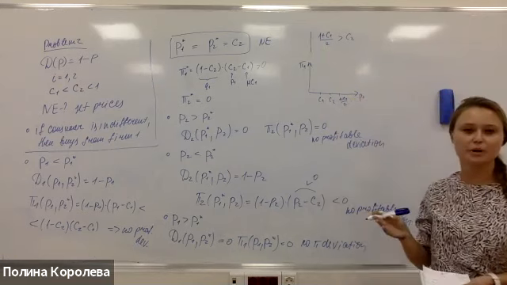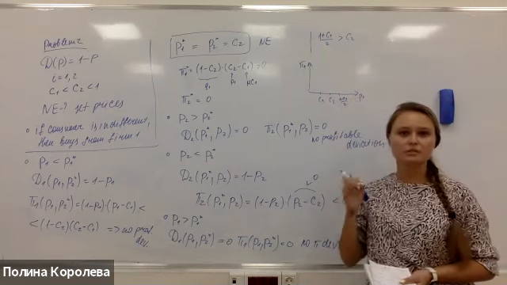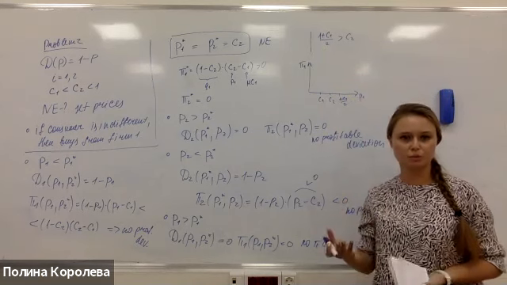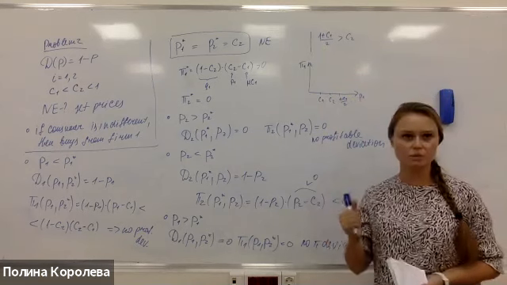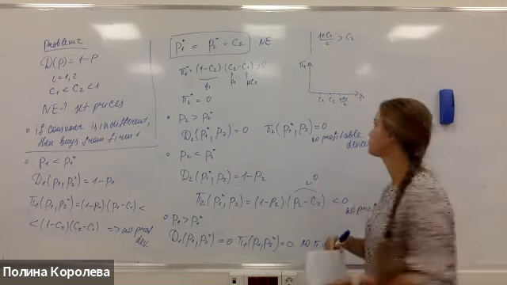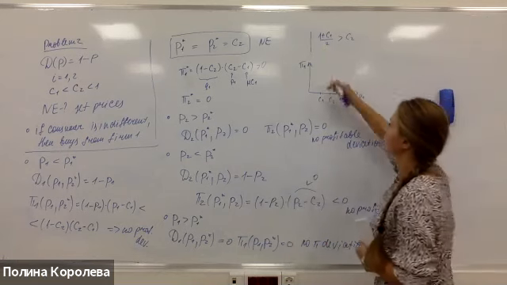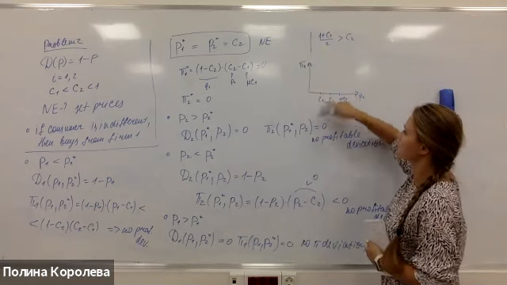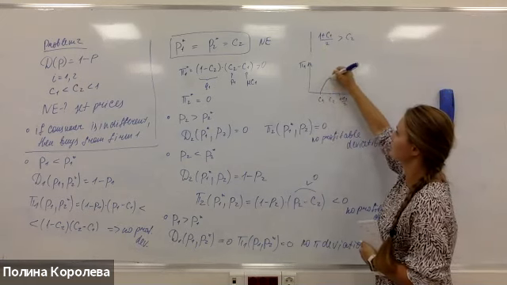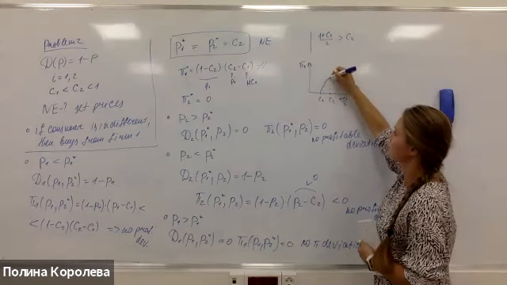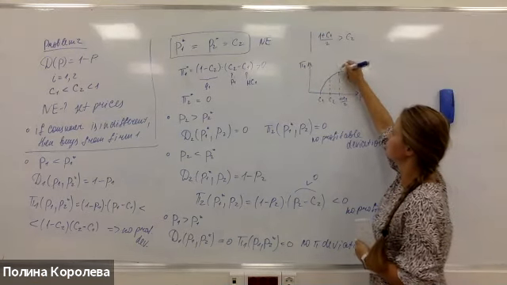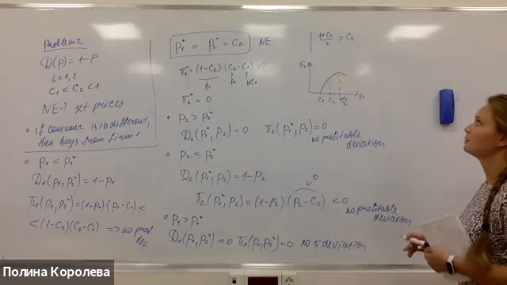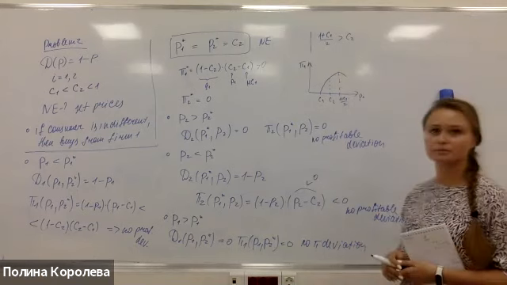What does monopoly price mean? The monopoly price gives us maximum profit, if we act like a monopolist, if everybody comes to us. And profit will be equal to 0 if the price is equal to C1. Then here C2, and the maximum in the monopoly case. Maximum profit.